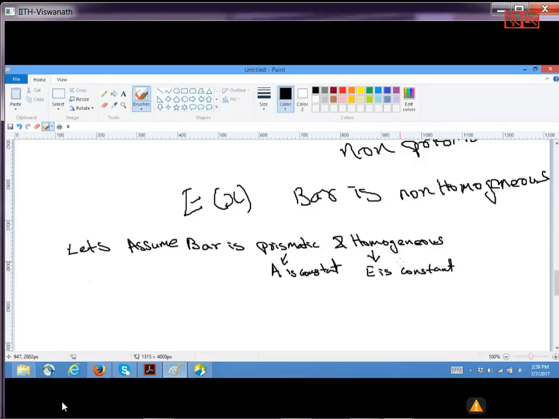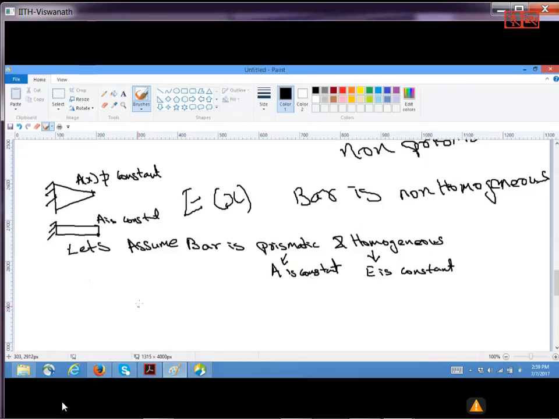A non-constant A is, for example, a tapered beam, where A is a function of x. Whereas if the cross section remains the same, A is constant. So A is constant, E is constant.